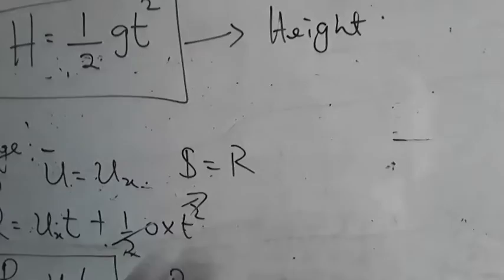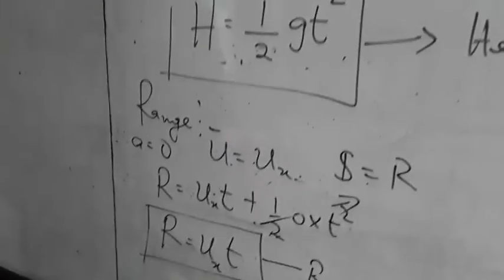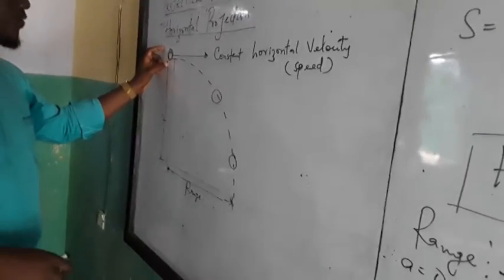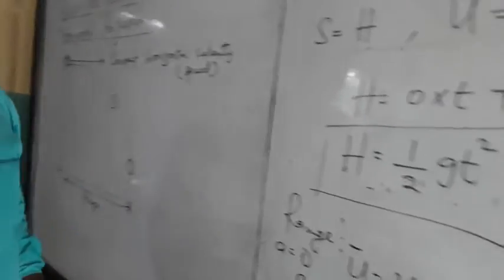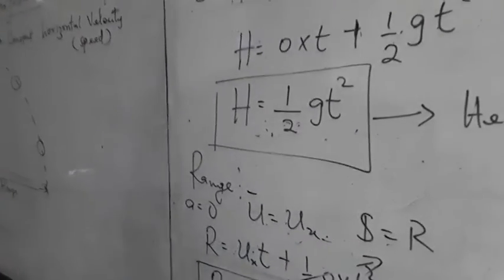So if they say you should find the height of the object projected from a height, we have the height and we have the range.